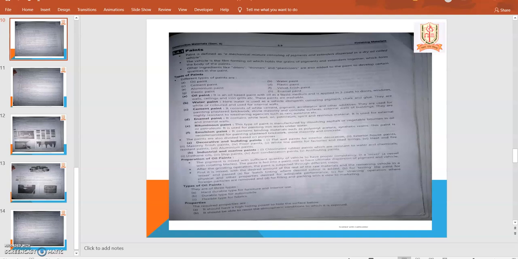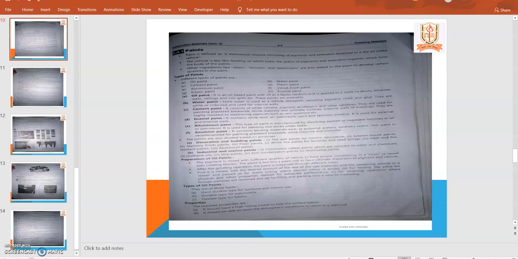Then how the oil paints are prepared. The pigment is mixed with a sufficient quantity of vehicle to have a proper consistency in a mixture with rotating blades. The paste is fed into a paint mill to have ultimate dispersion of the pigment and vehicle. After the grinding operation, the paint is subjected to different steps.